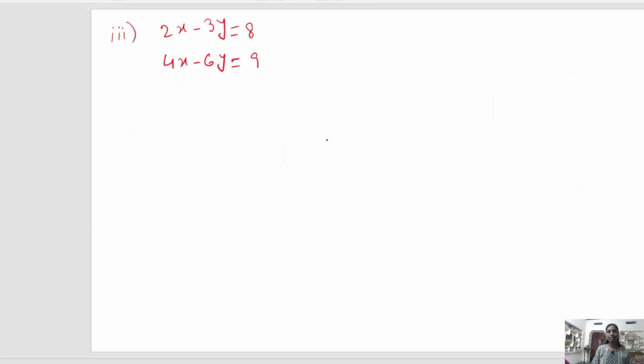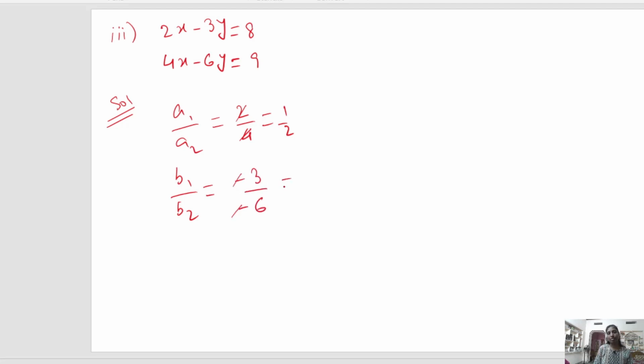Here we have another question we have to check. So let's compare the coefficients. a1 by a2 is equal to 2 by 4, which is equal to 1 by 2. Now b1 by b2 is equal to minus 3 by minus 6, minus will be cancelled out, which is equal to 1 by 2. Now c1 by c2 is equal to 8 by 9.